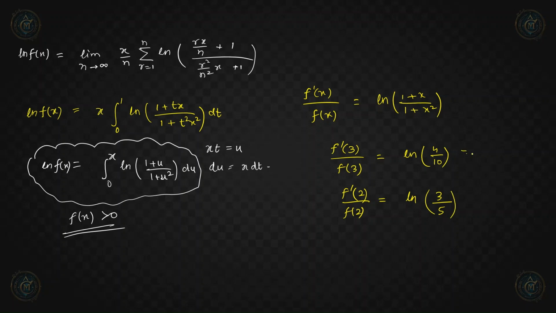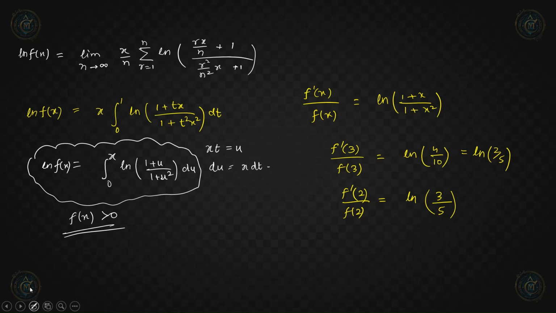So this is nothing but log of 2 by 5, and this is log of 3 by 5. Both are negative, because the argument inside the log is less than 1. So which one will be bigger in this case? We can say clearly this thing will be bigger.